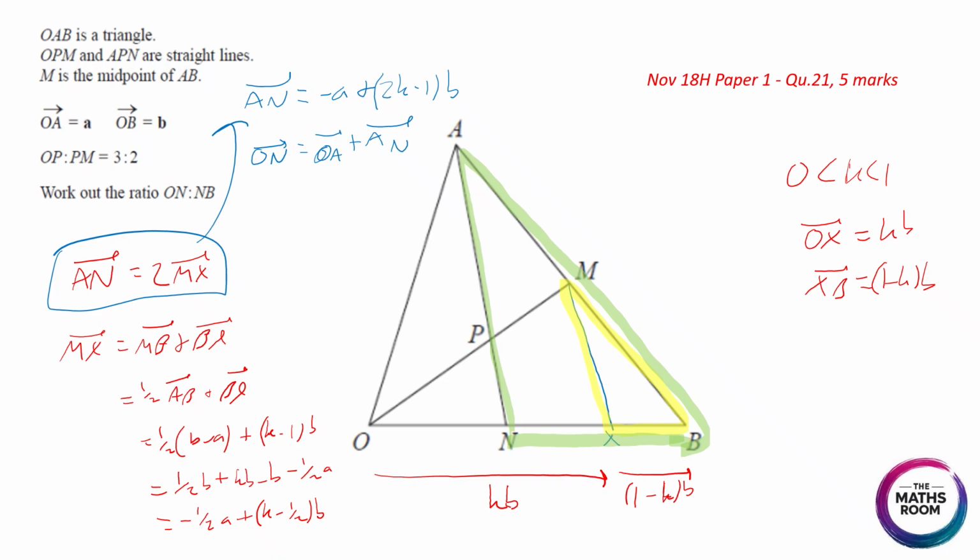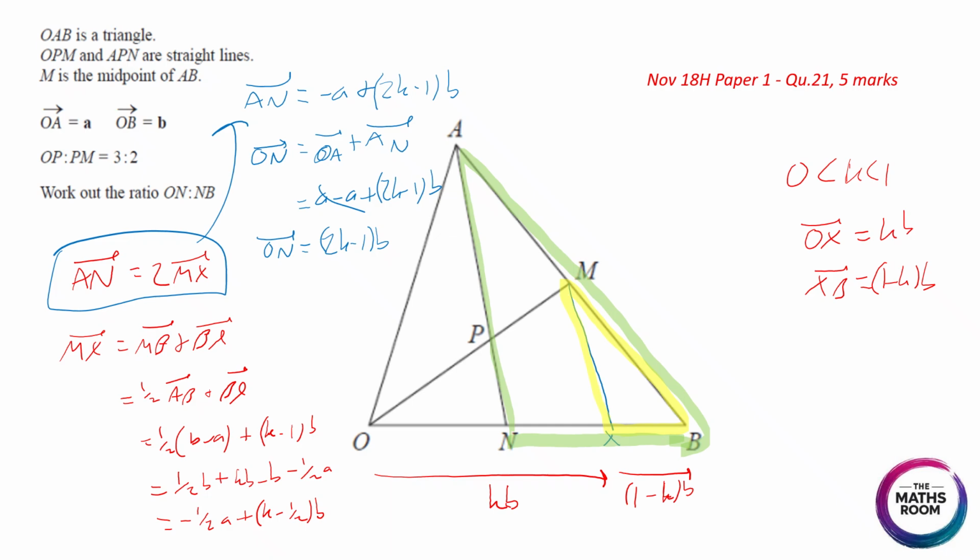So it has to be a multiple of b. And clearly it is, because O to A, which is little a, cancels out the minus a. So you get little a minus a, which is what you expect, plus 2k minus 1 b. So you knew it had to be a multiple of b, or it wouldn't have made sense. And parallel vectors are a multiple of each other. So I now know the vector O to N is 2k minus 1 lots of the vector b.